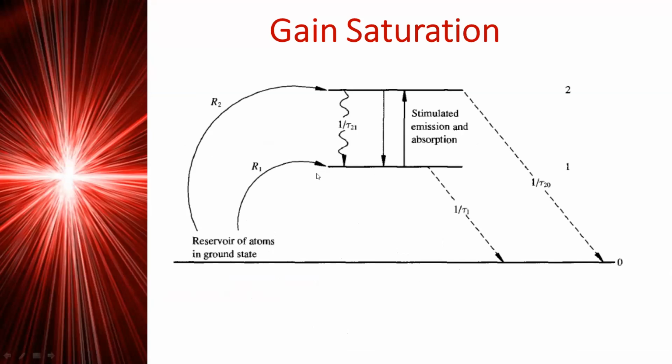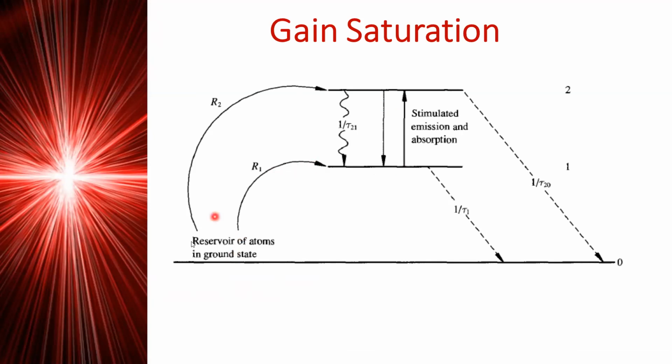In order to have a laser, you need electrons to move from energy level number 2 to energy level number 1, because these are the only two levels at which stimulated emission can occur. So basically speaking, the injection from 0 to 1 has no meaning.